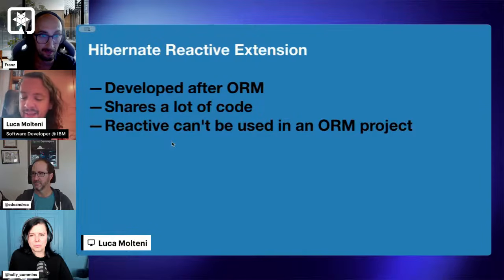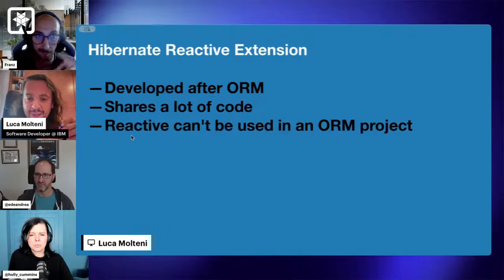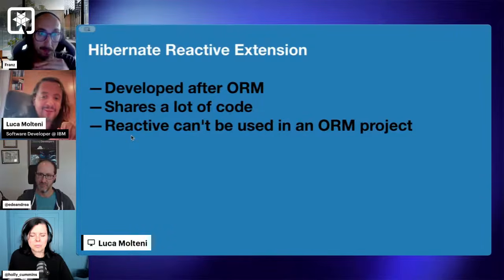But this means that the development of the Hibernate Reactive extension is going a tiny bit slower than Hibernate ORM. And this is mostly because they're intertwined, they're coupled together. But just to update all our users, I think that we're going in the right direction. We're trying to solve the problem. And I really hope that we see good things in the future, but I can't tell anything because, of course, nothing is certain.